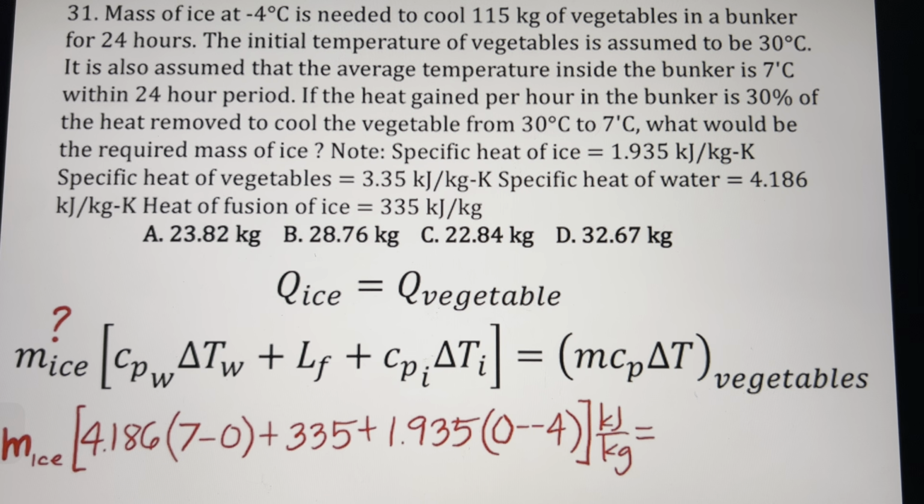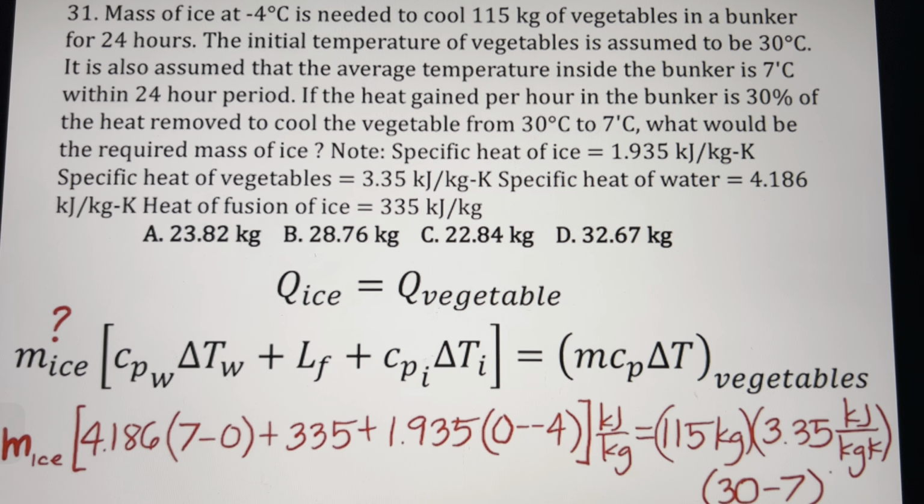Cp of vegetable, that is 3.35. And for the change of temperature of vegetable, that is initially 30. And the final temperature is also the temperature inside the bunker, which is 7. That is change in Celsius or change in Kelvin.